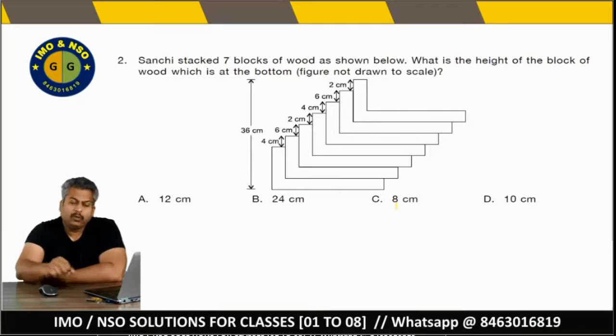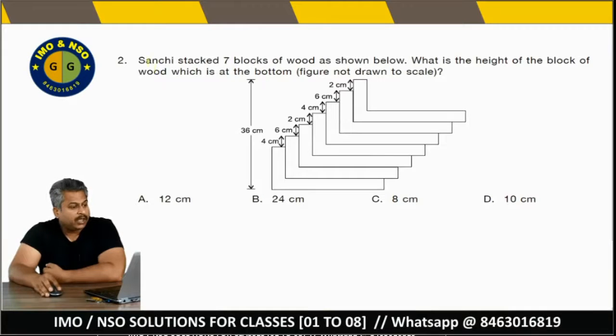In question number 2, it says that Sachi stacked 7 blocks of wood. Here we can see many blocks of wood which have been stacked, represented by the yellow highlighter. What is the height of the block of wood at the bottom? We have to find the height of this particular block.